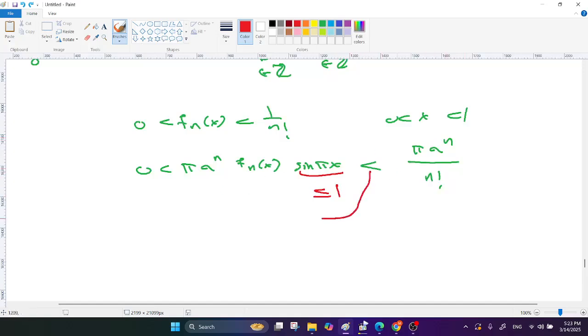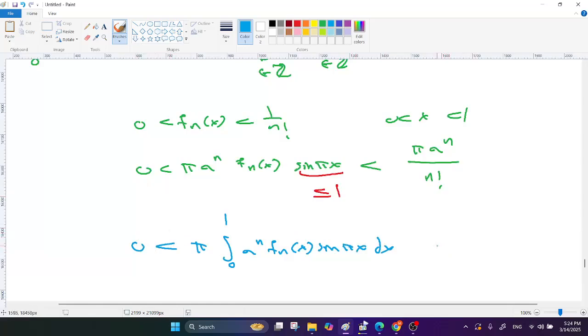But why is it strictly here? Because of fₙ(x). fₙ(x) is strictly less than 1 over n factorial. So it's like this. Now let's integrate from 0 to 1. The integral from 0 to 1 of aⁿ fₙ(x) sin(πx) dx is greater than 0. The integral of 0 is 0.